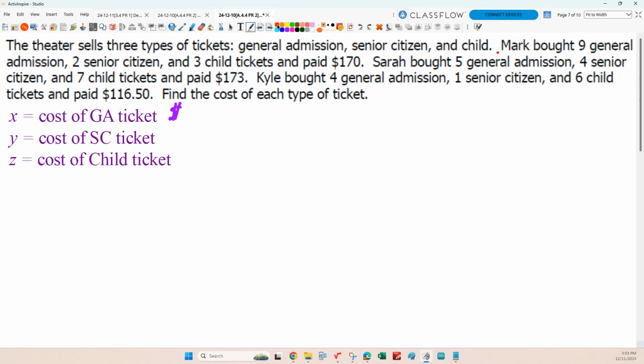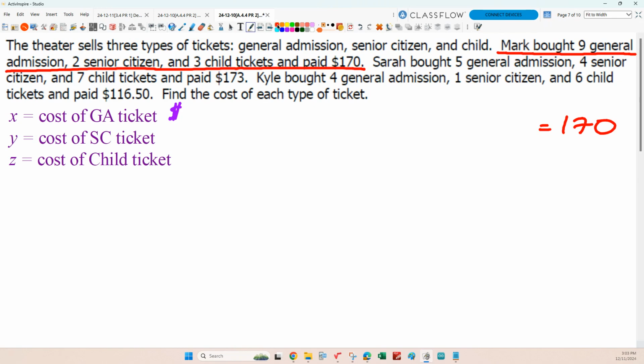How about this first sentence? Mark bought 9 general admission, 2 senior citizen, and 3 child tickets and paid $170. Okay, so what's going to be equal to 170 then? Okay, good. So if each of the general admission tickets costs X dollars and he bought 9 of those, how much total did he pay for general admission tickets? 9X, good, right?